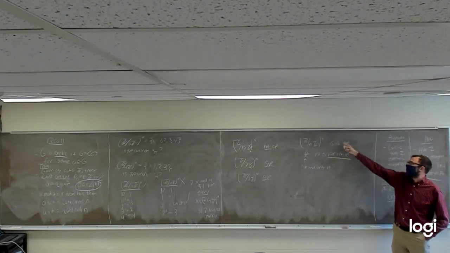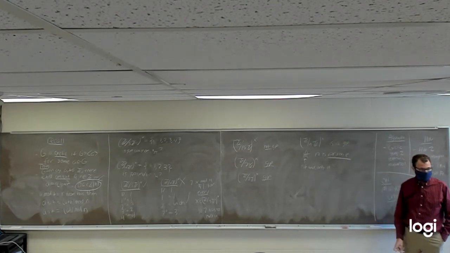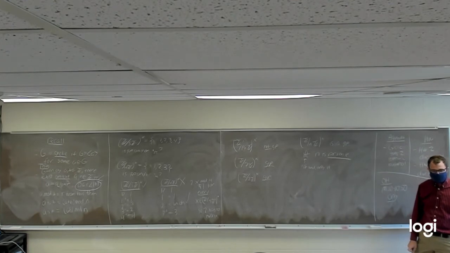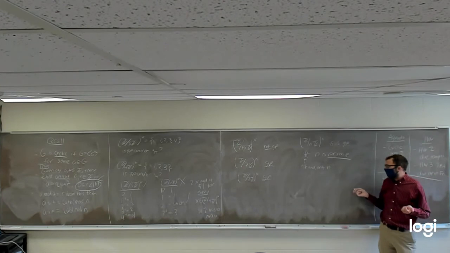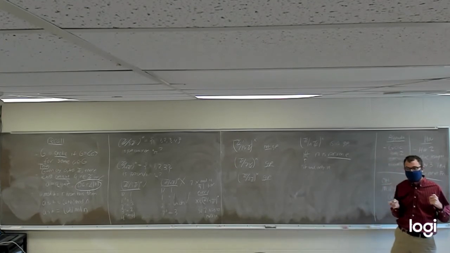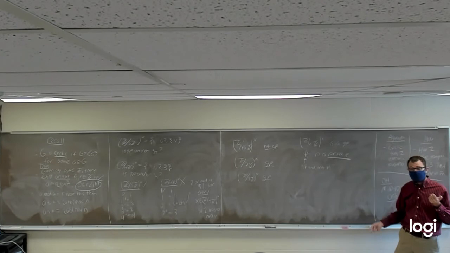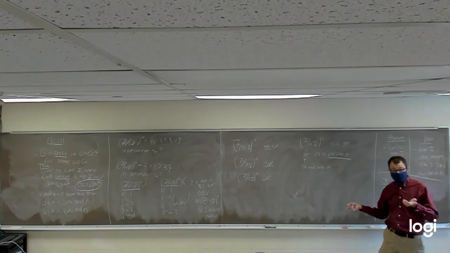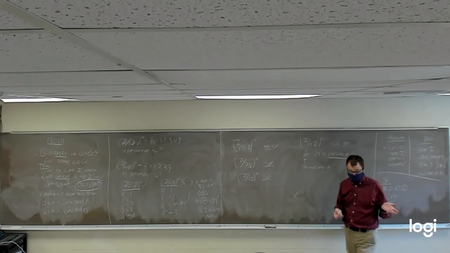If n is not prime, then this is not a group. If and only if is a way to encapsulate that it works both ways. And since it's long to write out, you often just write it as IFF. If you ever see me write IFF, that just means the thing before it and the thing after it are logically equivalent. If one is true, the other is true. If one is false, the other is also false.